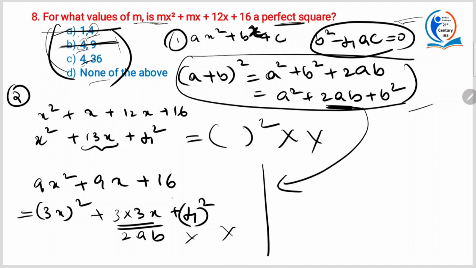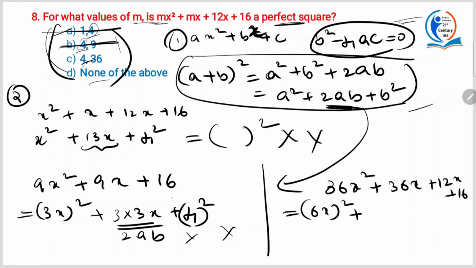Now we will check for m is equal to 36. Now if you substitute 36 there, what will happen? 36x square plus 36x plus 12x plus 16. What is happening? 6x whole square plus 48x plus 4 square.